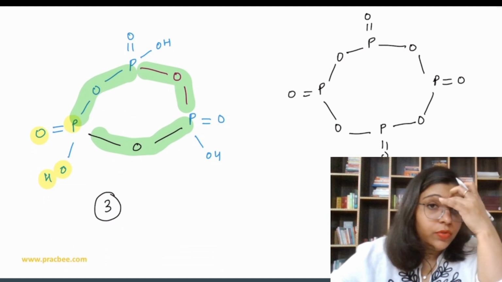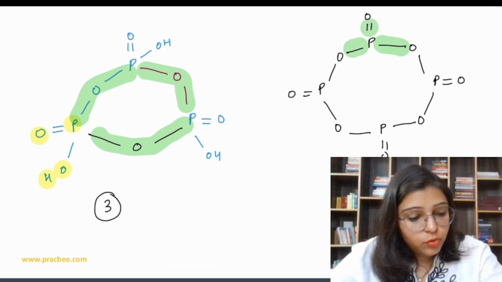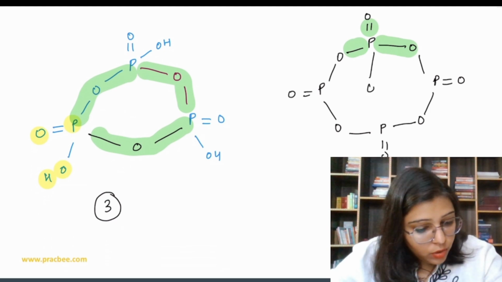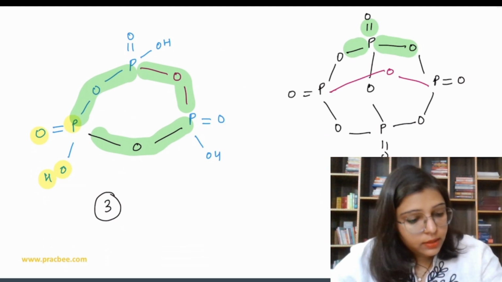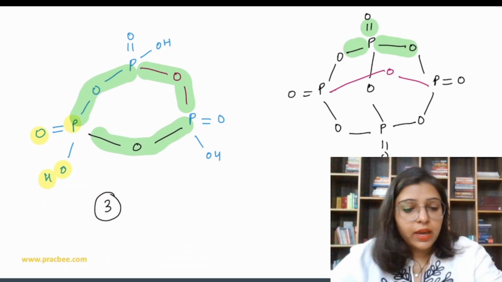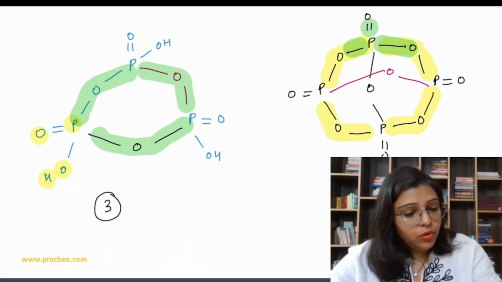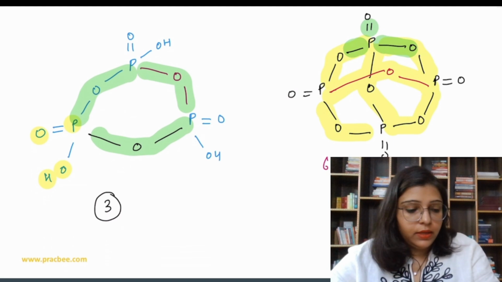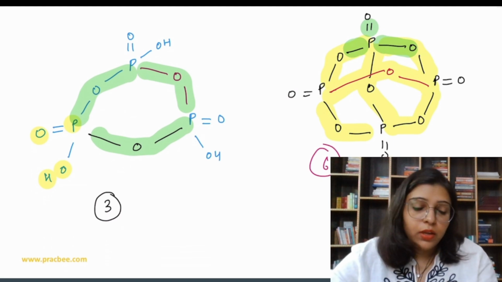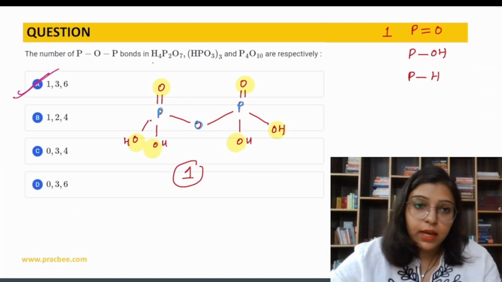Each phosphorus can form 5 bonds, but here we have only 4 bonds. So now one bond like this, and then another bond like this. So how many POP bonds do we have? 1, 2, 3, 4, 5 and 6, total 6. So what is the answer? 1, 3 and 6. So option A is the correct answer.